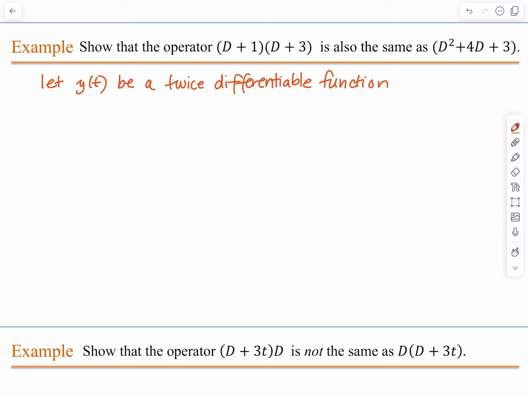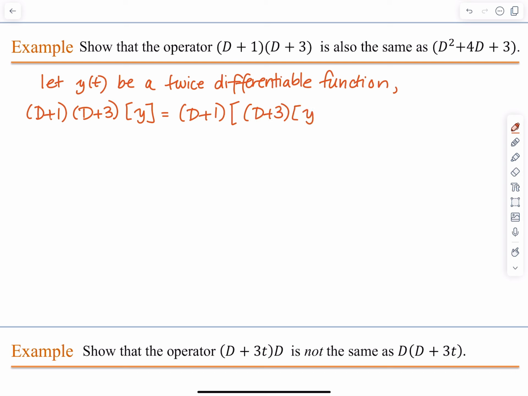What we have is that D plus 1 multiplied by D plus 3 of y is going to be equal to D plus 1 multiplied by the operator D plus 3 on y.